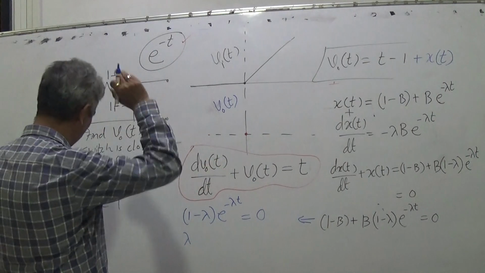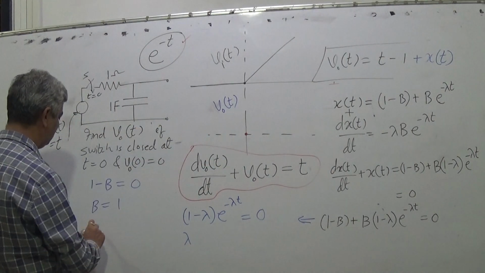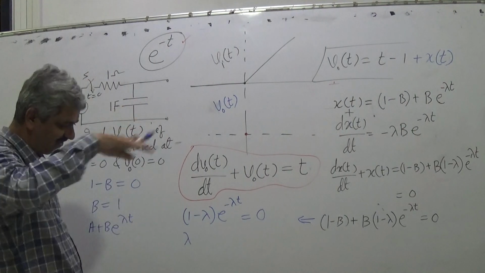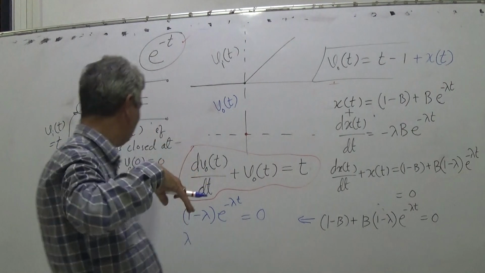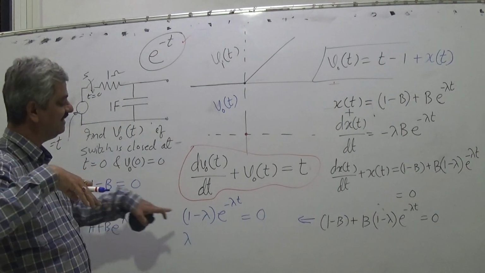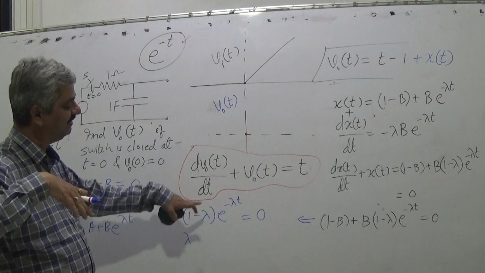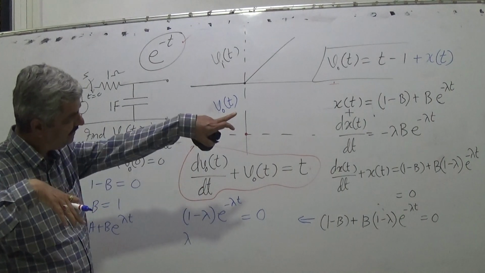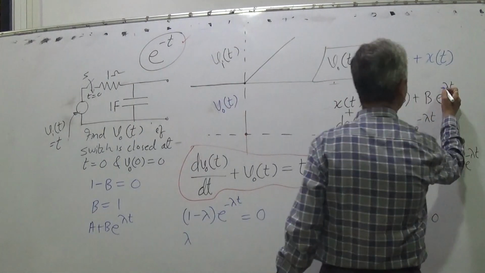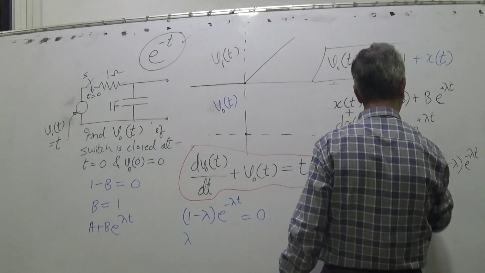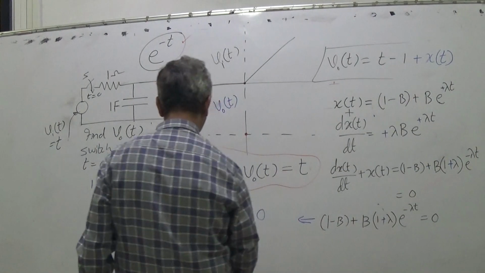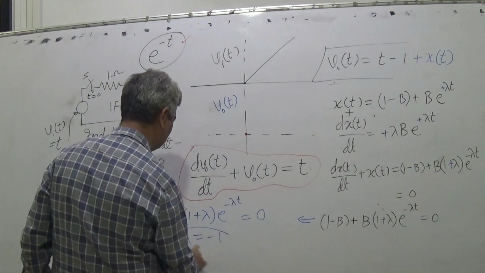The equation which we started was a plus b e raised to lambda t. Somewhere I was confused with minus 1, so I put it minus lambda t. So if it is minus lambda t, then lambda becomes 1 and the answer is e raised to minus t. Or if I start with this, then this is plus, this is plus, so lambda equal to minus 1.